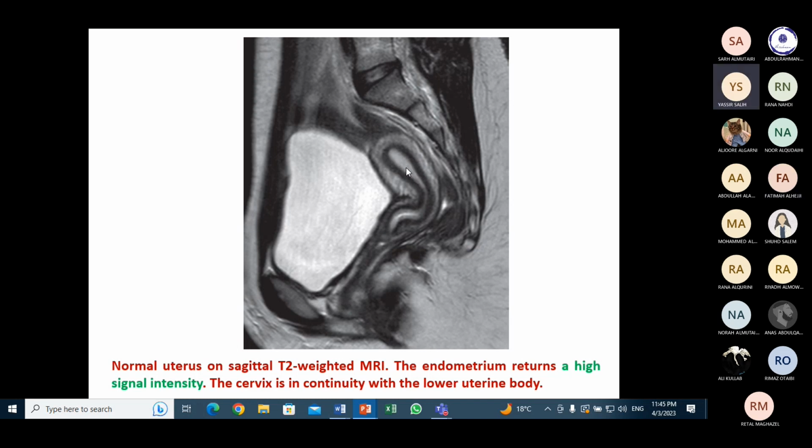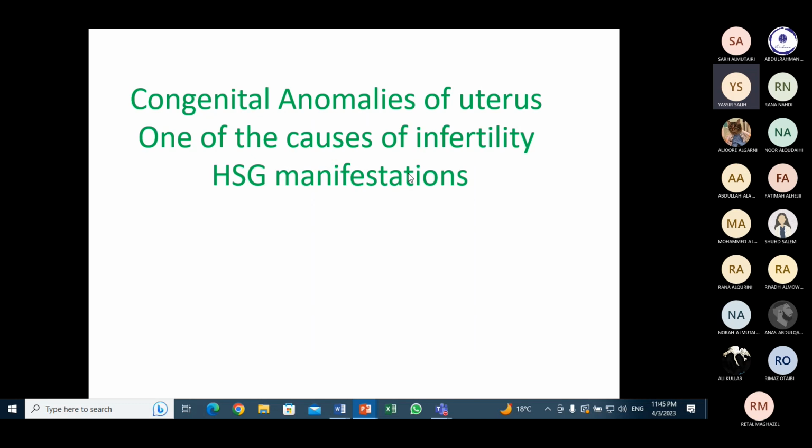Yes, the normal endometrium in T2 appears hyperintense. So now we're going to talk about the congenital anomalies of the uterus, which may be a cause of infertility, and in a patient with infertility you have to exclude congenital anomalies of the uterus.